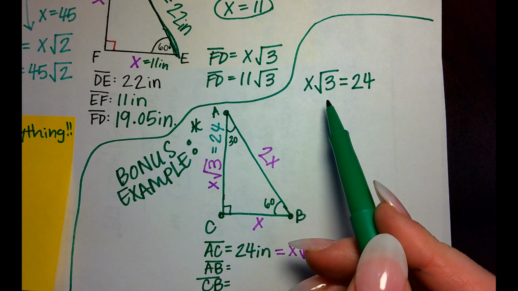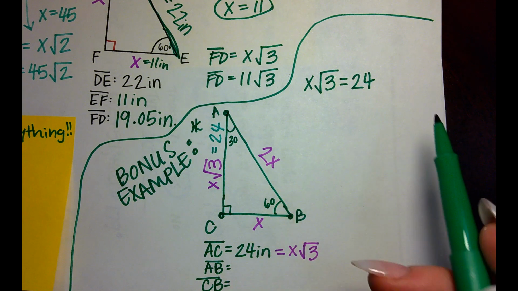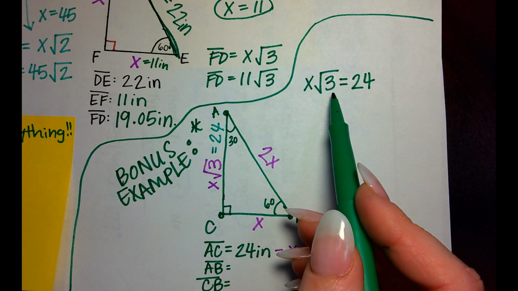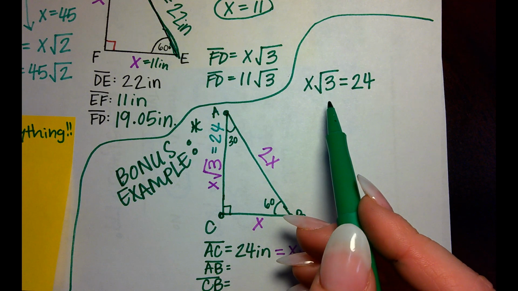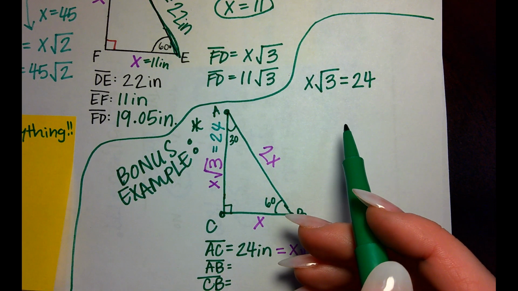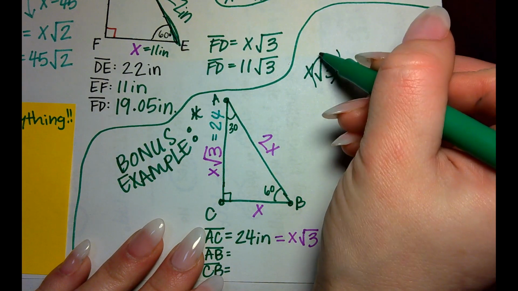Not by 3, because it's not x times 3, it's x times radical 3.